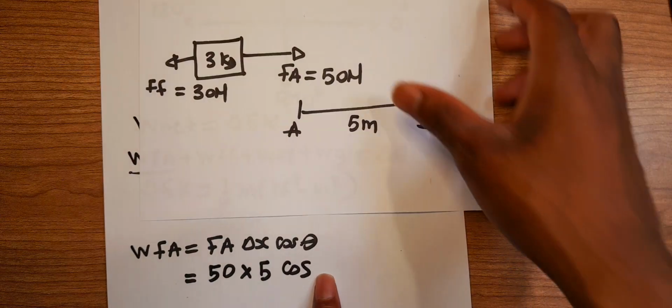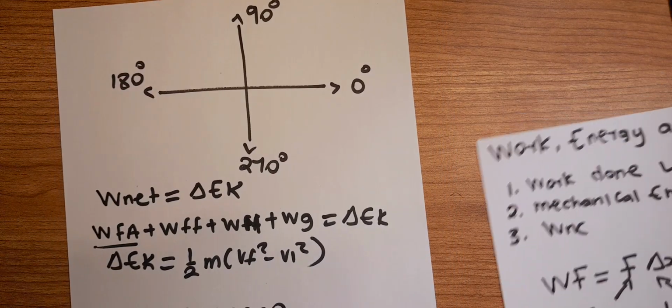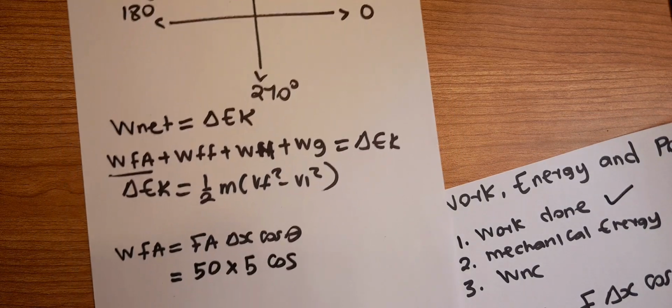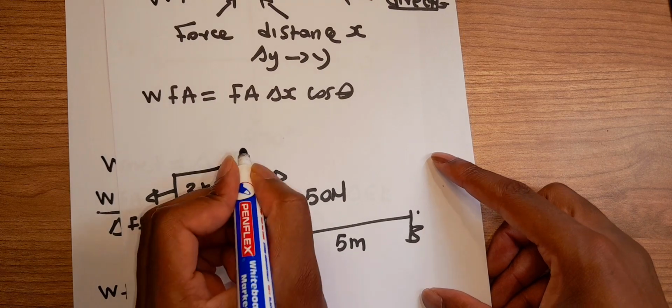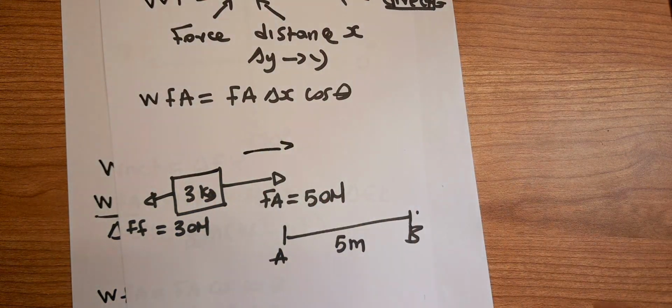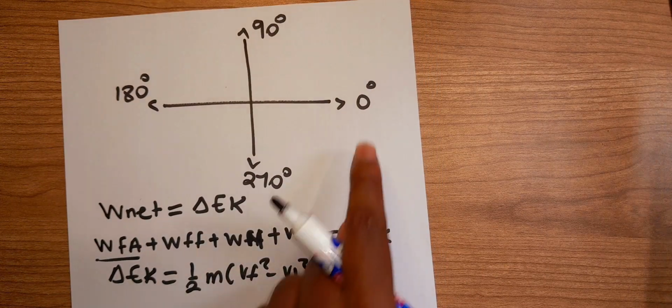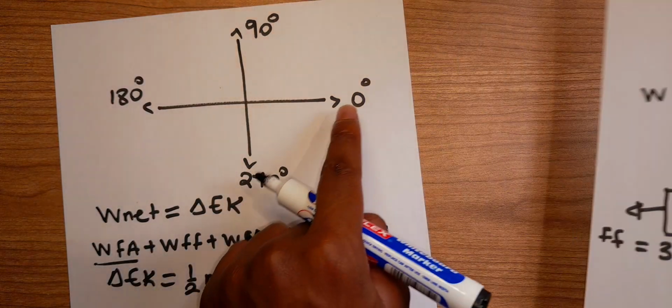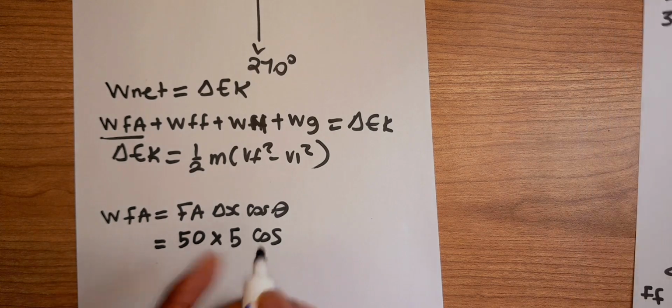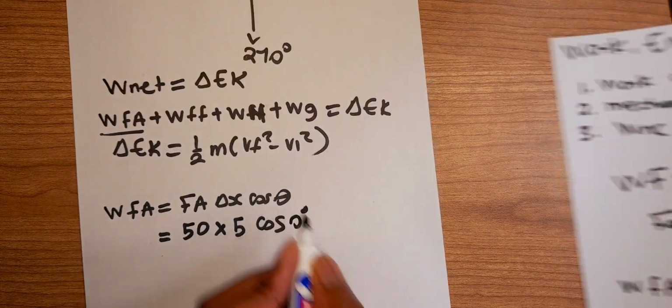Which angle do we use? If you check this Cartesian plane, the direction of the block determines which angle to use. The force applied is in the direction of motion, so the angle is going to be 0 degrees.